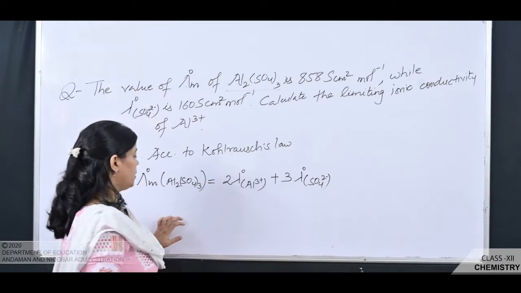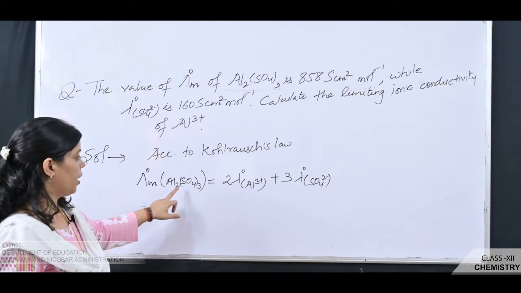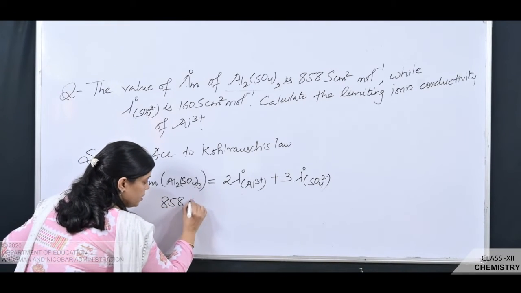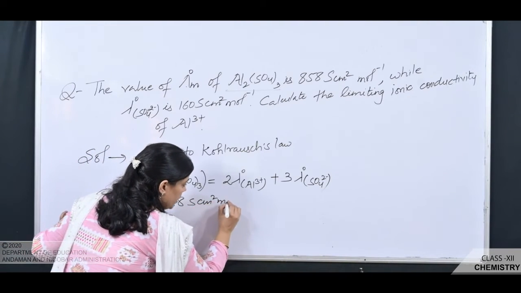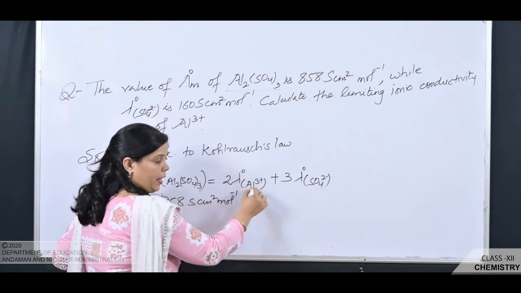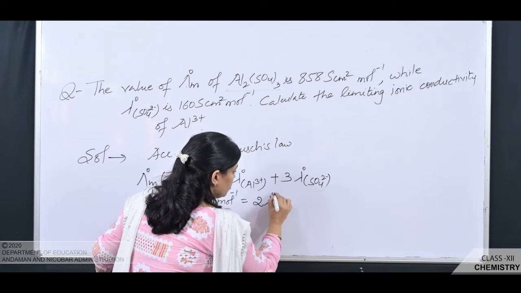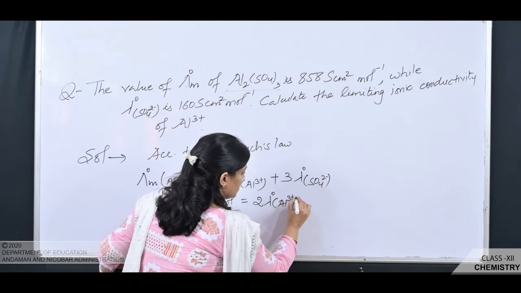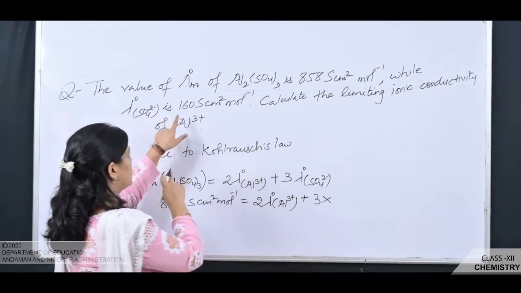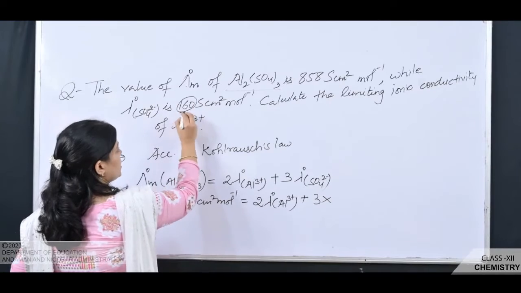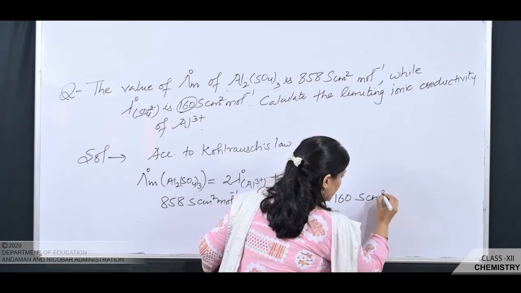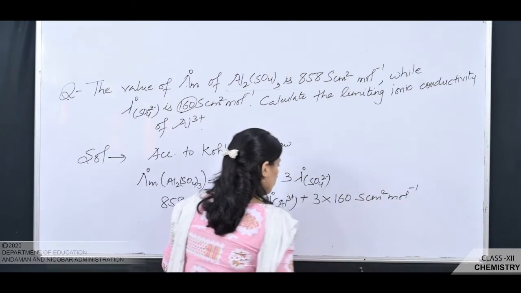Substituting the values, the limiting molar conductivity of the electrolyte is given as 858 Siemens cm square mole inverse, which is equal to 2 times the limiting molar conductivity of Al3+, which we have to find, plus 3 into 160 Siemens cm square mole inverse, the value given for sulfate.